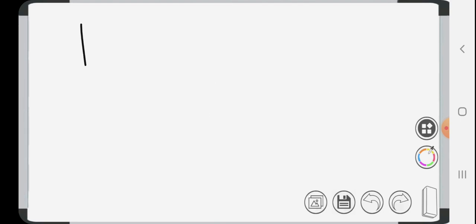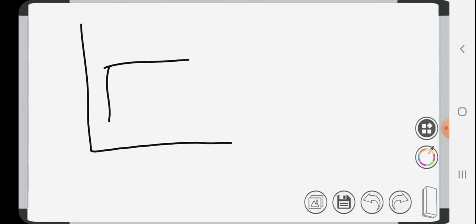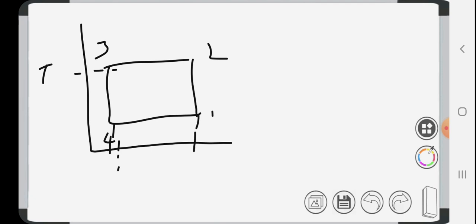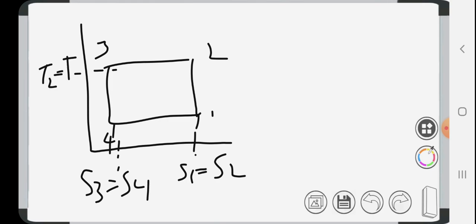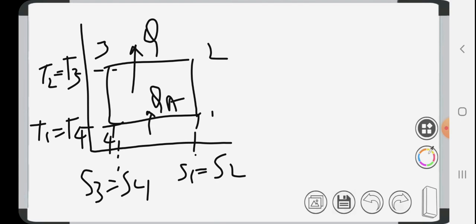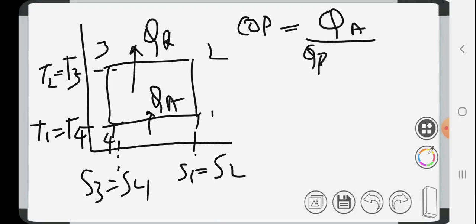So students, from the diagram, this is 1, 2, 3, 4, with S1 equal to S2, S3 equal to S4, T2 equal to T3, T1 equal to T4, QA, Q rejected. So COP equals QA by QR minus QA. How can you get the equation for QA?